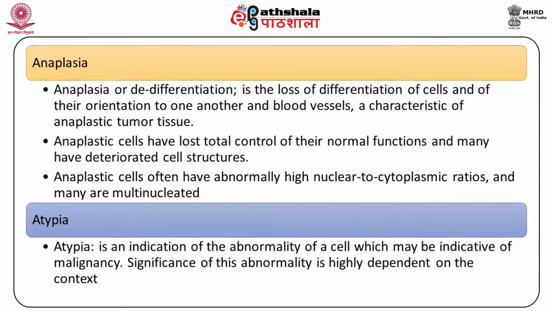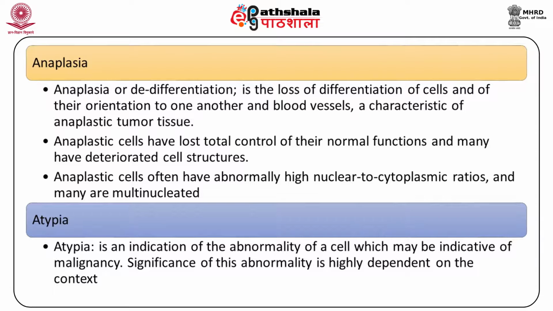1. Anaplasia. Anaplasia, or dedifferentiation, is the loss of differentiation of cells and of the orientation to one another and blood vessels, a characteristic of anaplastic tumor tissue. Anaplastic cells have lost total control of their normal functioning and many have deteriorated cell structures. Anaplastic cells often have abnormally high nuclear to cytoplasmic ratios and many are multinucleated. 2.